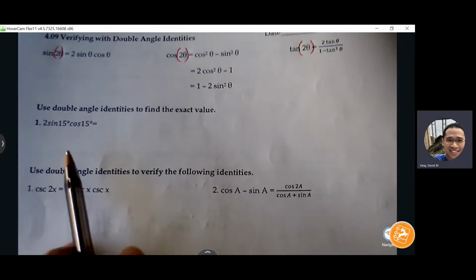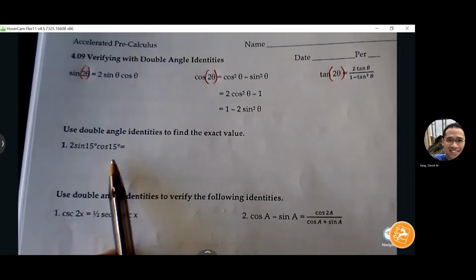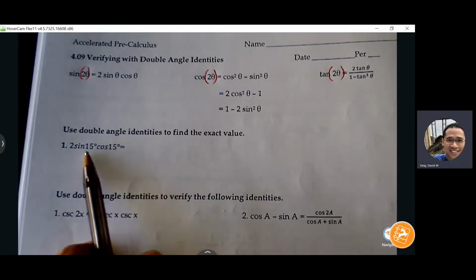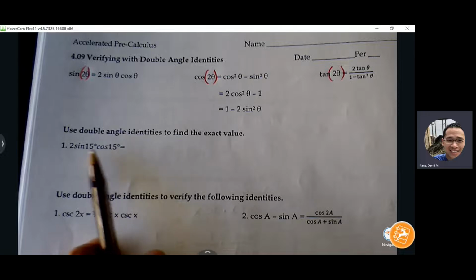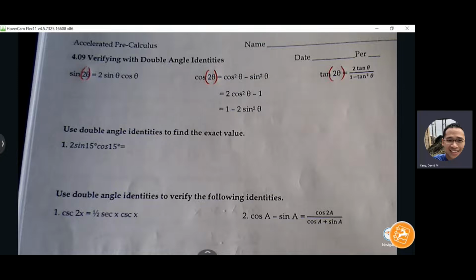Okay. So number 1 here, use double angle identities to find the exact value. Okay, so 2 sine 15 cosine 15. Now, we know that 15 degrees is not a unit circle value, but what if we can push this back in terms of a double angle, right?